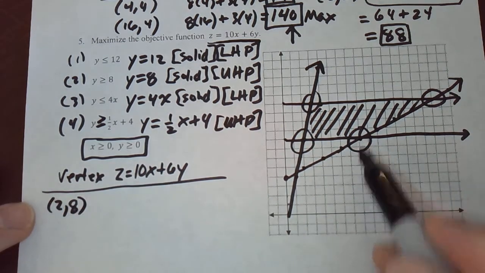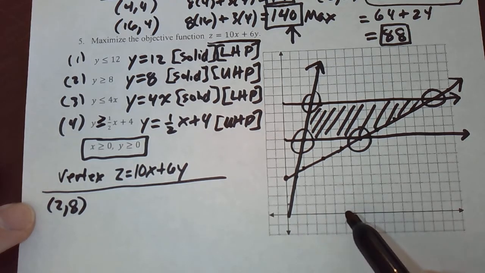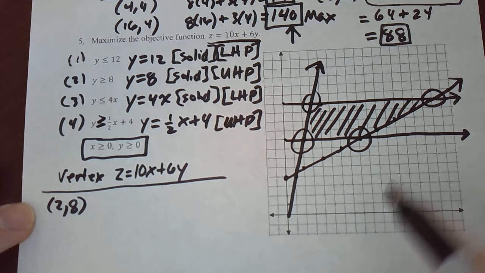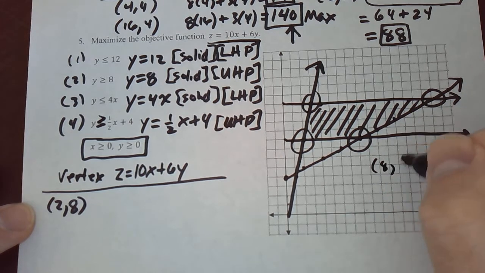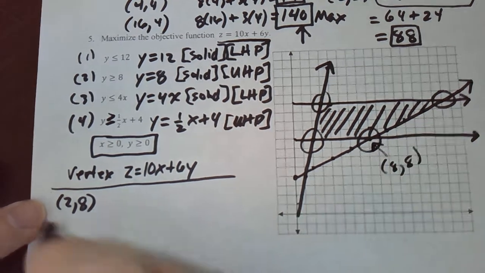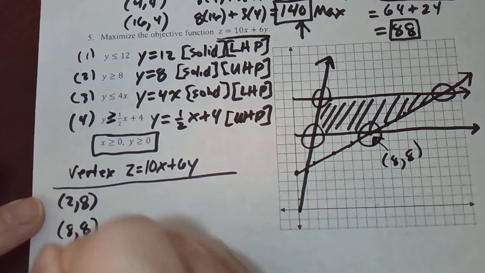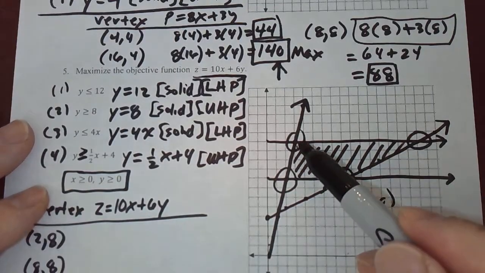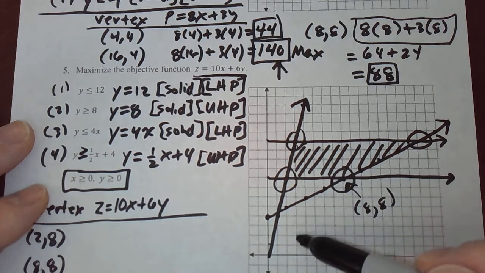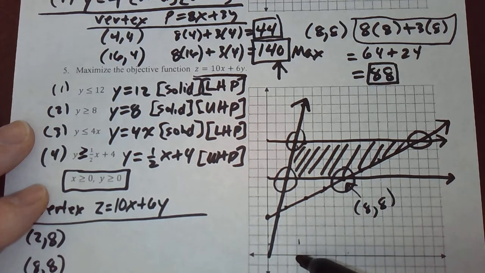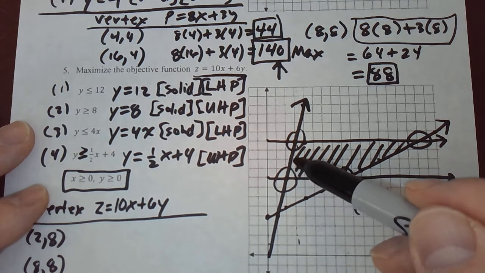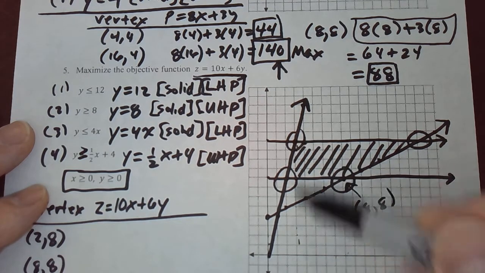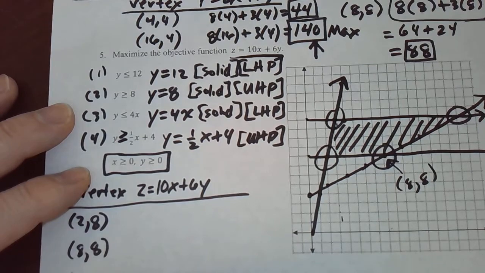Let's go over to this point. That one also has a height of 8. So this point here is 8, comma, 8. And now we'll deal with the next two. This point is 3, comma, 12.